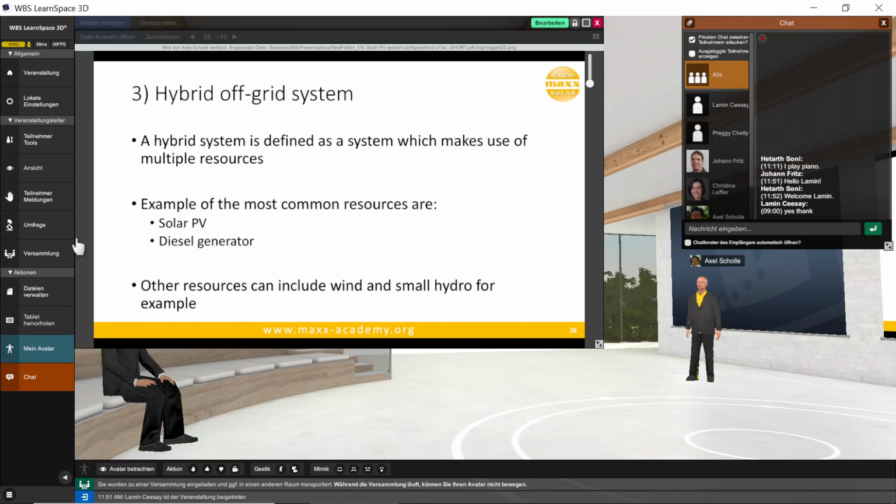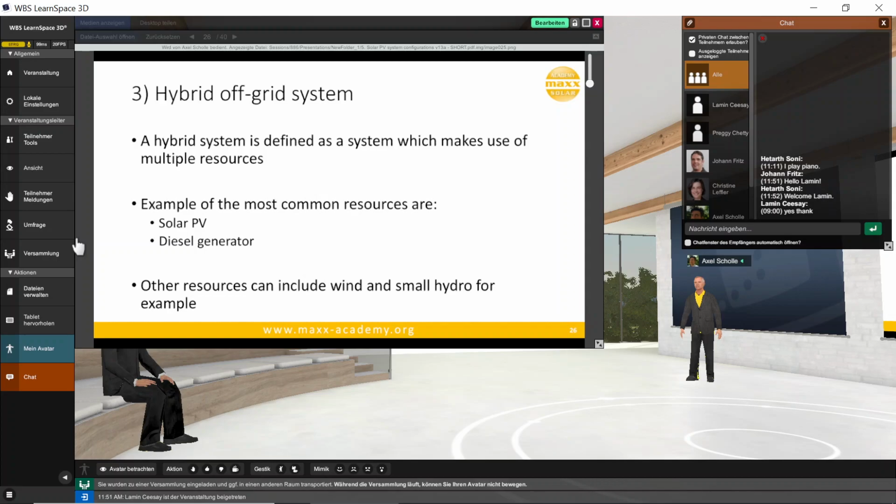So we refer to this as a hybrid system, and the hybrid here comes from the fact that we are making use of multiple resources. So we're using solar and we're using diesel. That's where the hybrid comes from. In Africa, there's often talk about a solar diesel hybrid system, but hybrid is really a term that refers to a number of sources and can include storage or it cannot include storage.